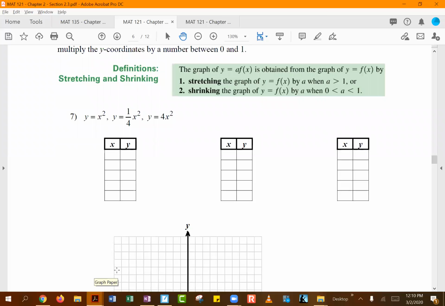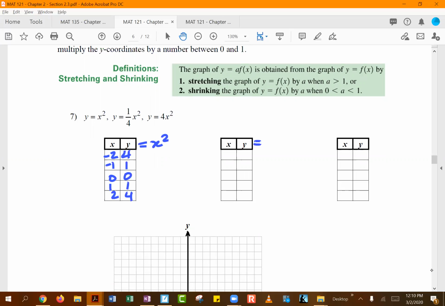So let's start out again with our basic x squared function values. So that's our -2, -1, 0, 1, and 2. Okay, so that's going to be your 4, 1, 0, 1, and 4.